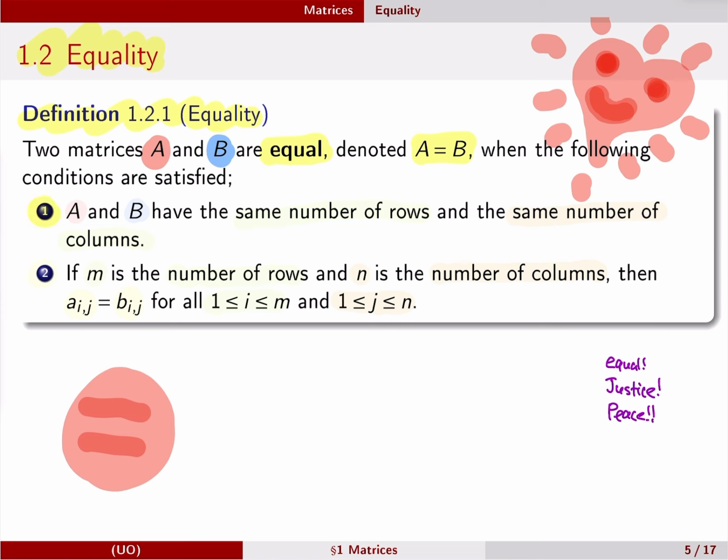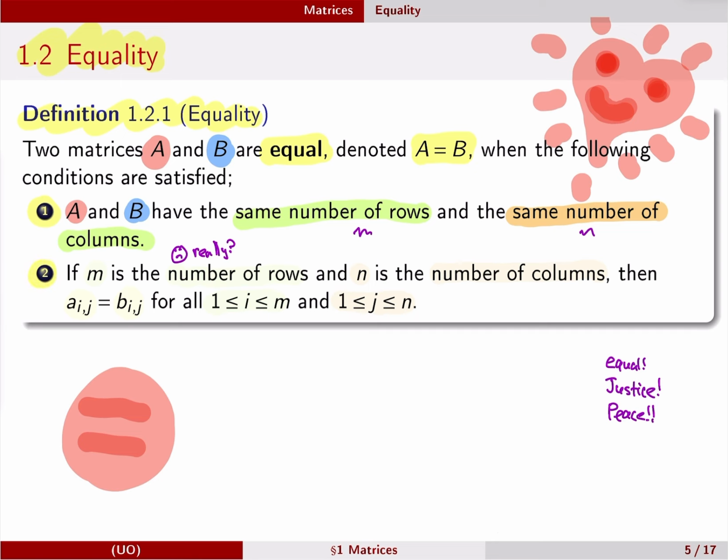First up, A and B must have the same size. So A and B must have the same number of rows and the same number of columns. If they have different formats, they cannot be equal. Even if they look alike, if not the same number of rows or not the same number of columns, it's not going to be enough for equality.